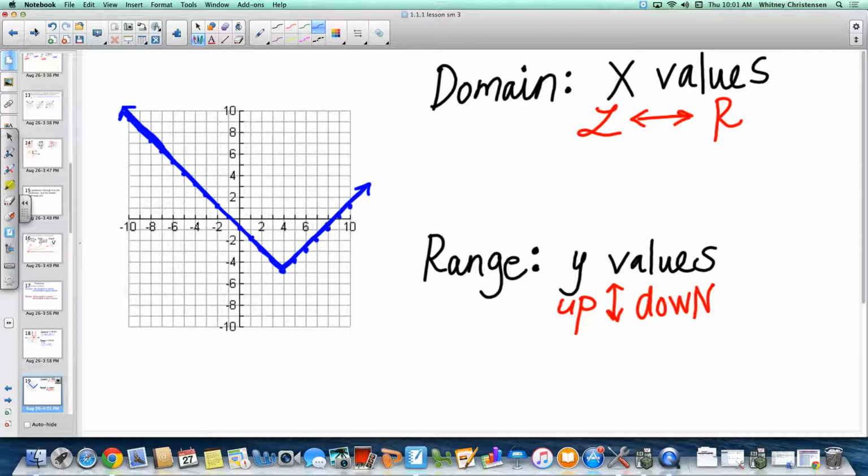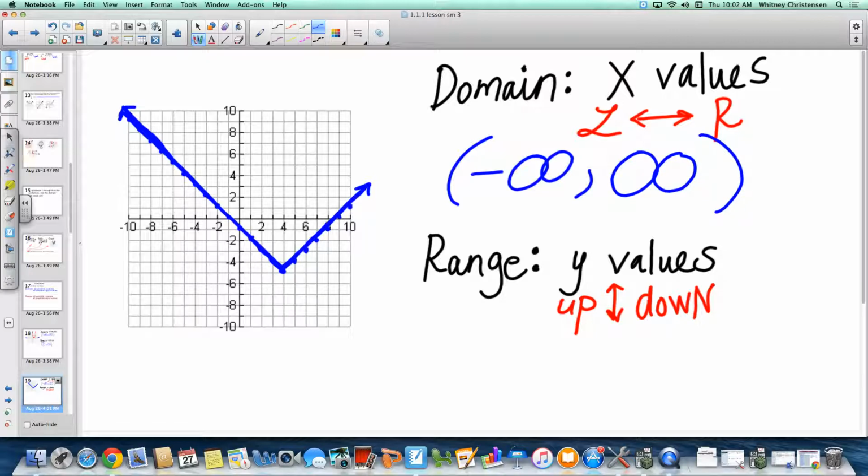Okay, you all see it? Okay, what did you guys come up with? Where's it going this way? Negative infinity, forever. And where's it growing this way? Positive infinity, and infinity is not a number. We can't peg it as a number, so we put parentheses.